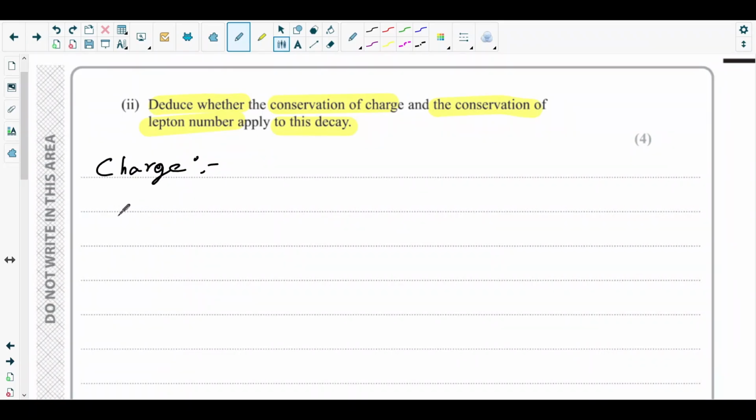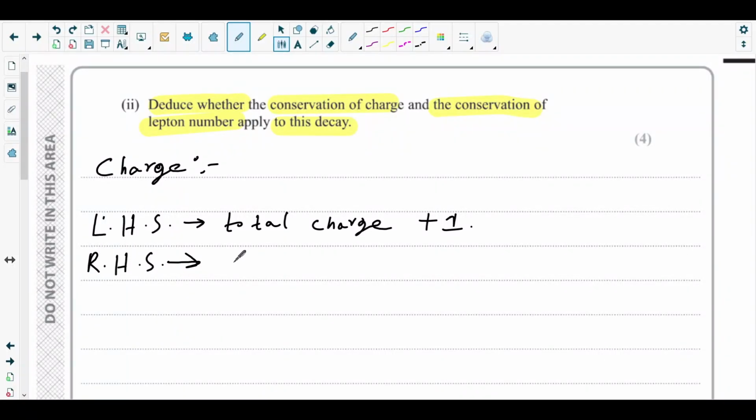So charge on the left hand side. On the left hand side of the equation, the total charge is +1. And on the right hand side, the total charge is +1.